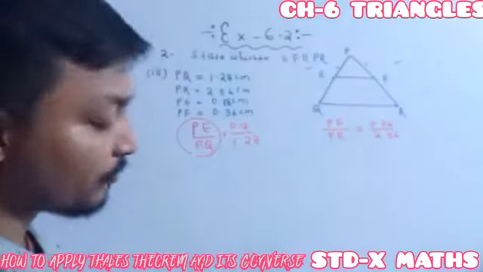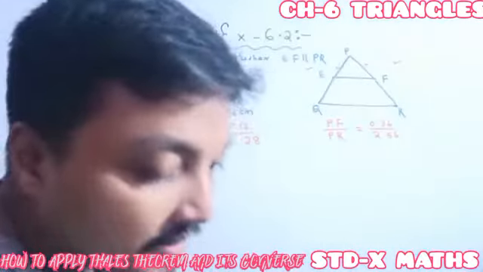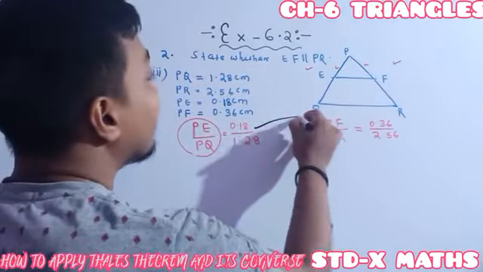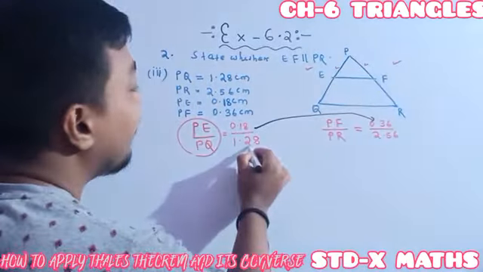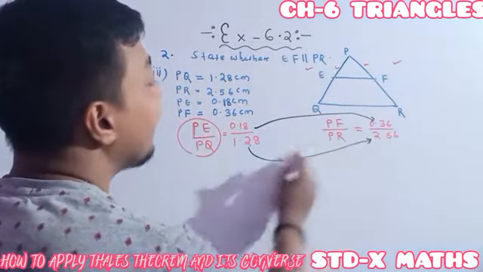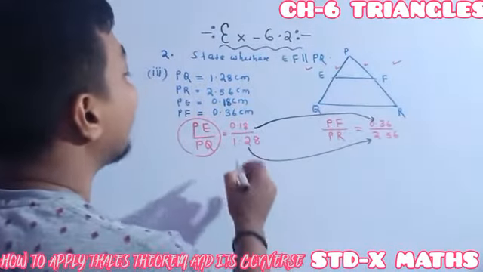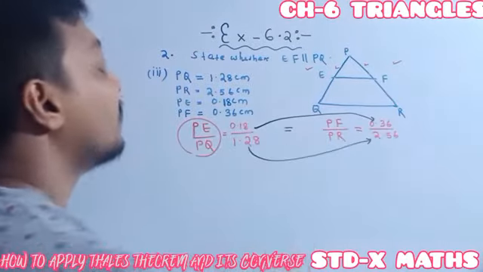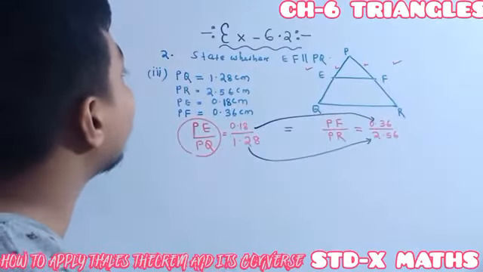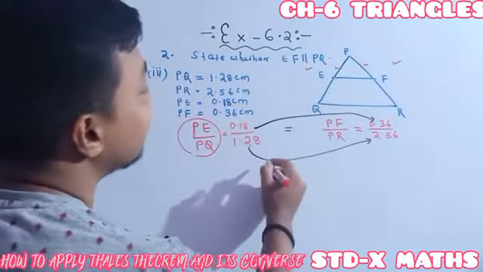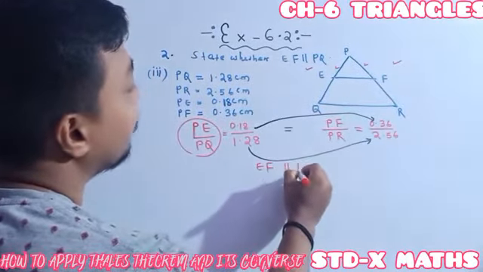One can easily say, just see, here it is 18, there it is 36. It means it is increased by 2 times. Here it is 128, here it is also increased by 2 times. So one can say directly that this one is the same as this one. It means this ratio is the same as this ratio. By checking it roughly, one can say yes, the ratios are the same, so according to the converse of the Thales theorem, EF is parallel to PQ.